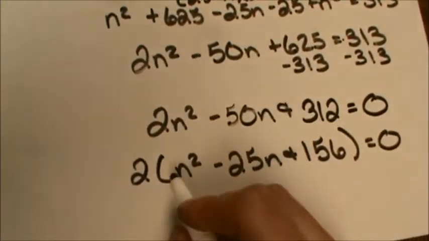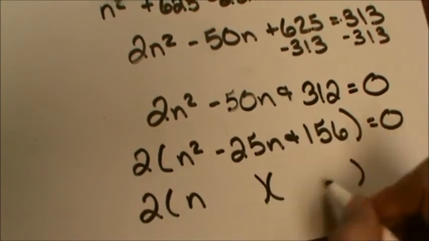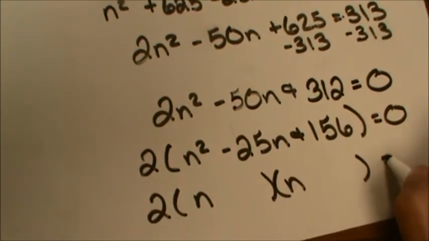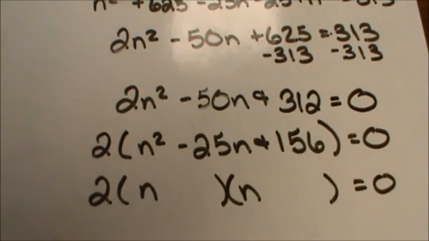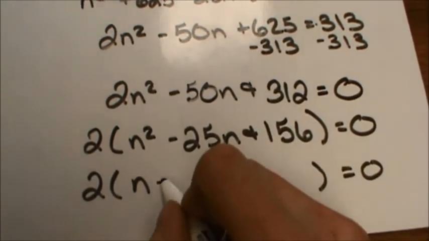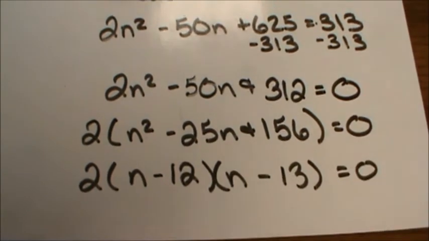Continue to factor. I'm looking for two numbers that multiply to be 156 and add to be negative 25. I believe I'm looking for the numbers negative 12 and negative 13.